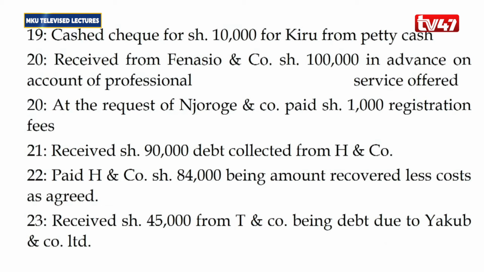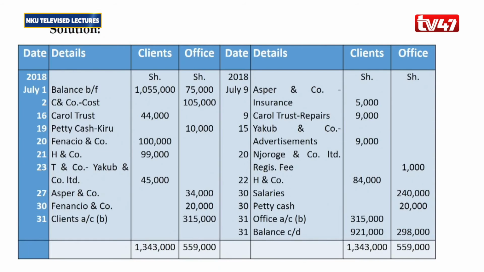In other words, of the 90,000, there is some cash which was for costs. So we are going to capture those two particular scenarios.